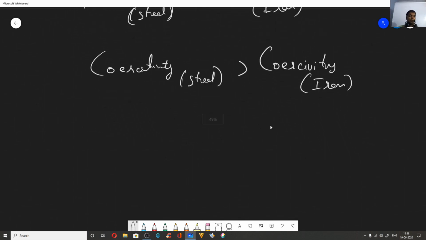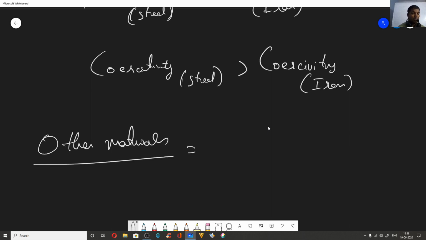Now you need to remember this point, right? The other materials we use for making permanent magnets, as we have given an example already, is an alloy called alnico, aluminum, nickel, cobalt and iron, right? And there is something called cobalt steel.